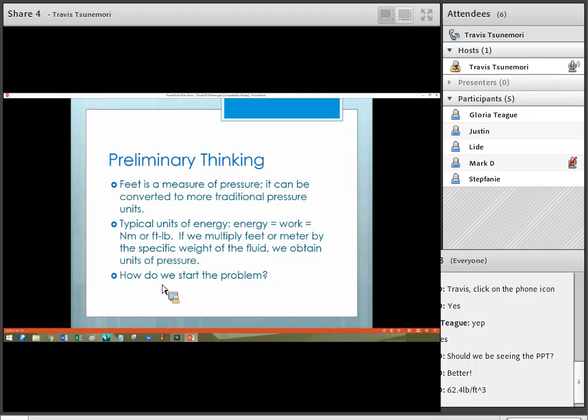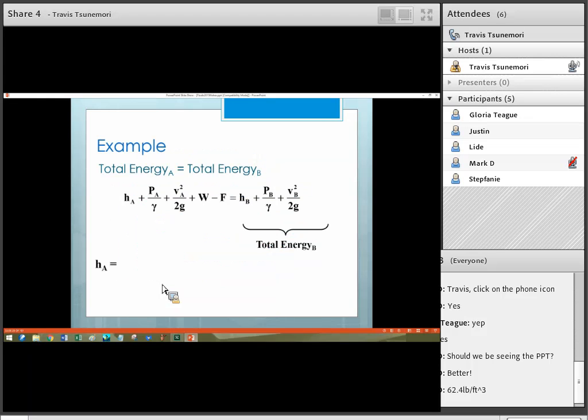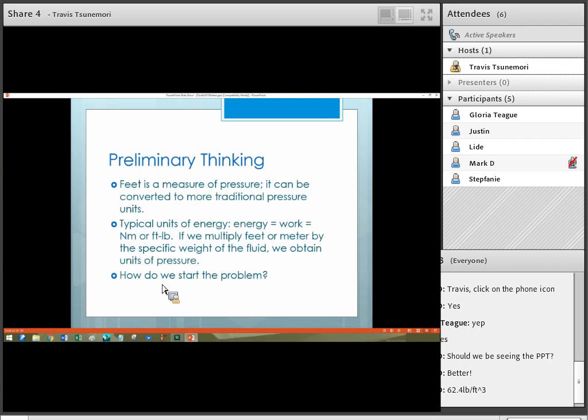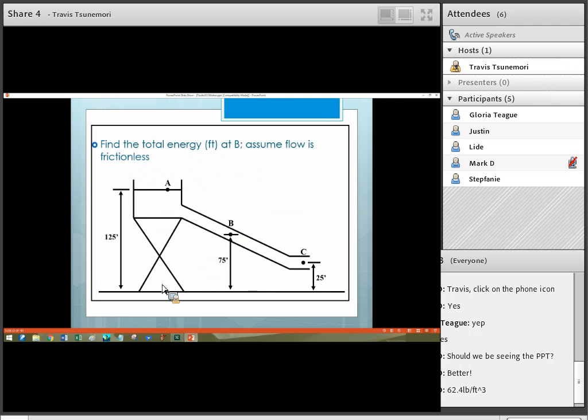Okay, so how do we start the problem? We think of it as a conservation of energy problem. So we can solve for the amount of energy that's at point A, and that will equal the amount of energy at B. So if we look at Bernoulli's equation for point A, really, let's go back to the picture.